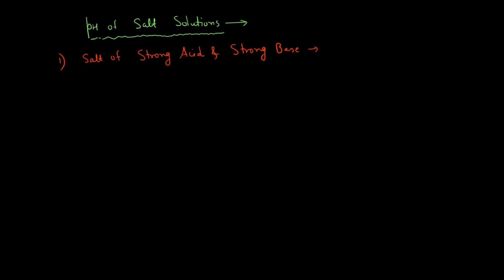So an example of the salt of strong acid and strong base is sodium chloride. So if we dissolve sodium chloride in water, it will give us sodium ion and chloride ion. Sodium ion does not react with water. There is no reaction. In the same way, chloride ion also does not react with water. There is no reaction.